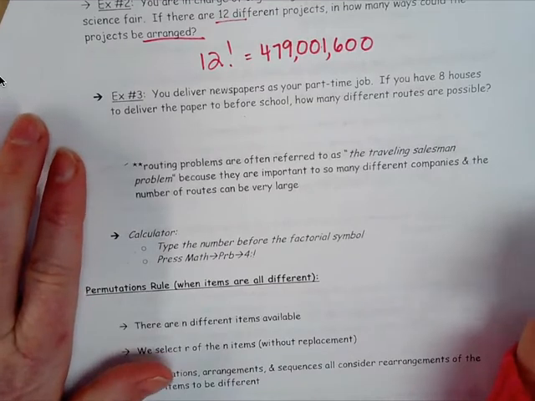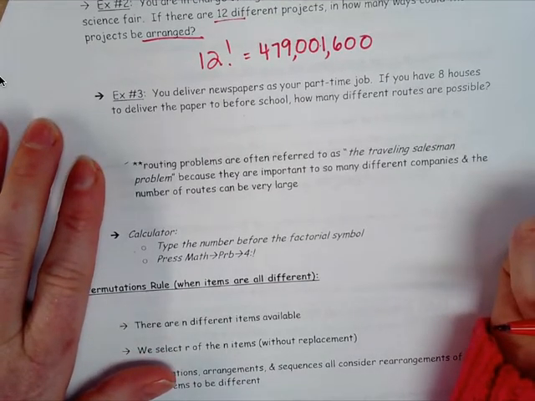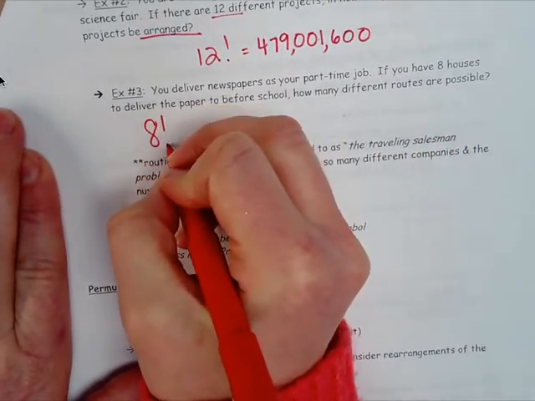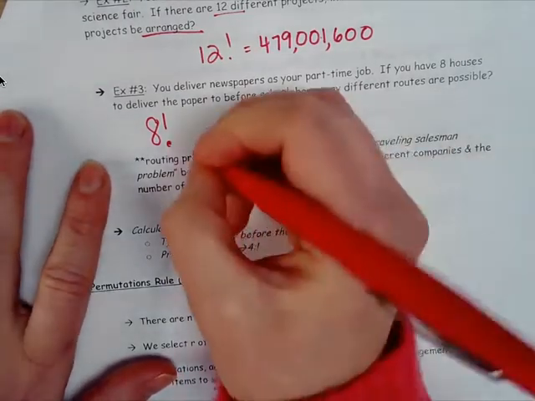Example 3: you delivered newspapers as a part-time job. If you have 8 houses to deliver the paper to before school, how many different routes are possible? So you have to deliver to all of them, but you can go any way you choose.